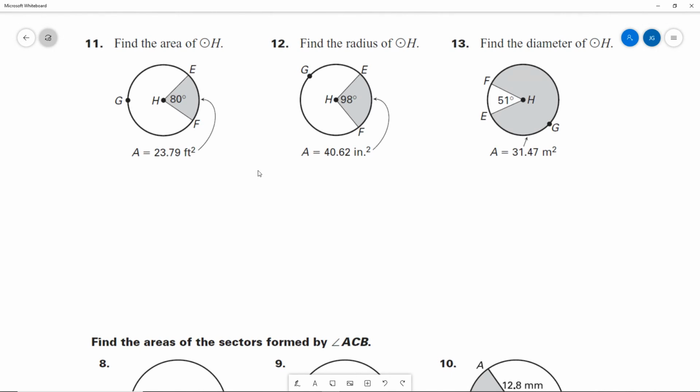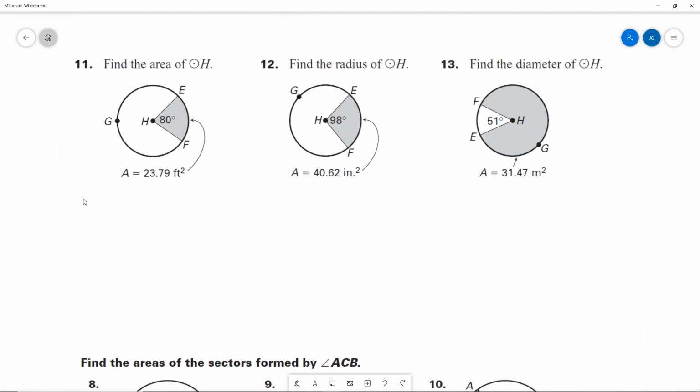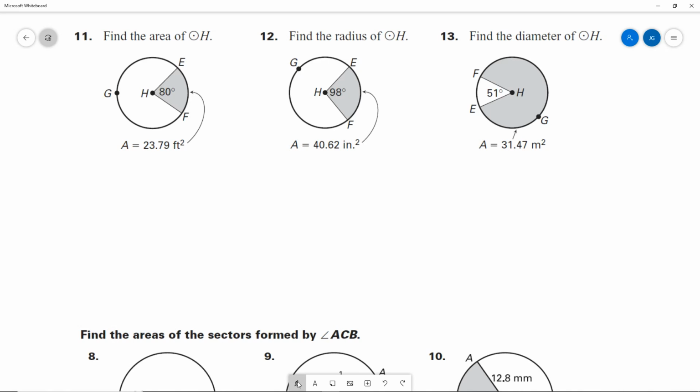All right, again, 11 through 13, we are back to figuring out aspects of the entire circle from the known area of the sector. So here, again, we're knowing that our area is going to be equal to theta times area of our circle all over 360.